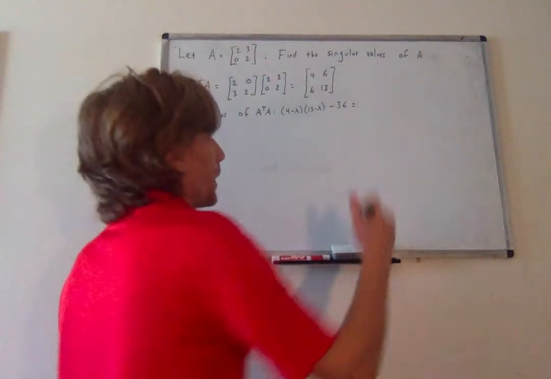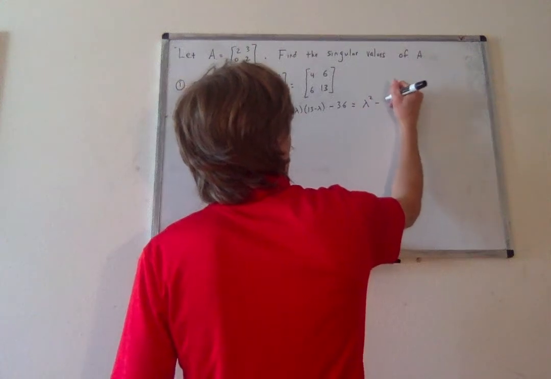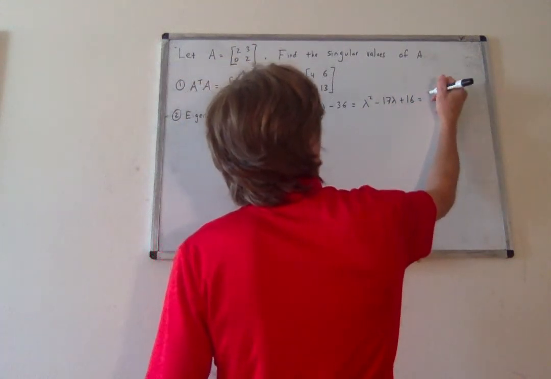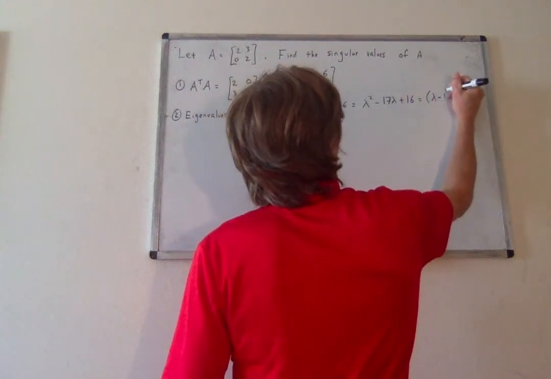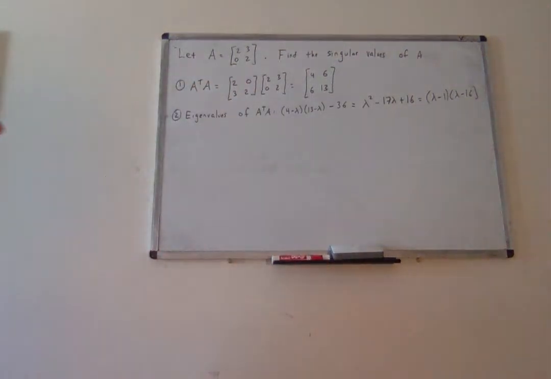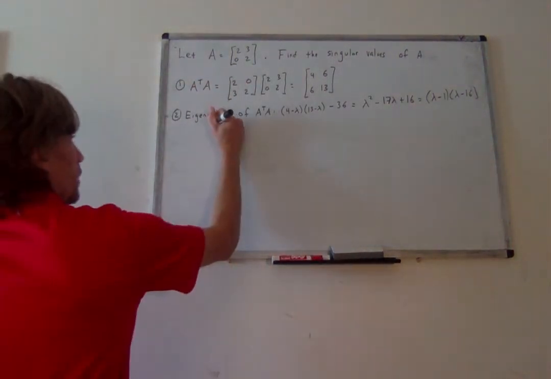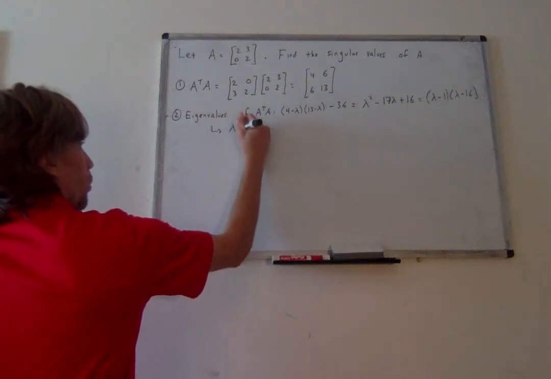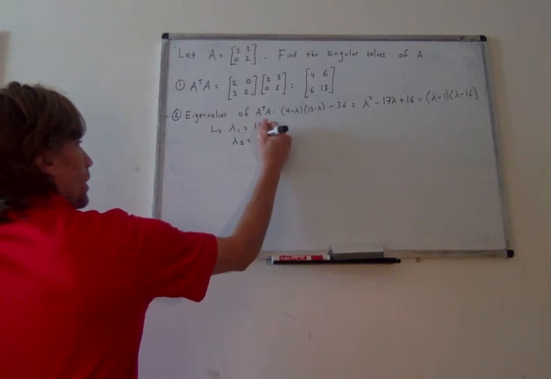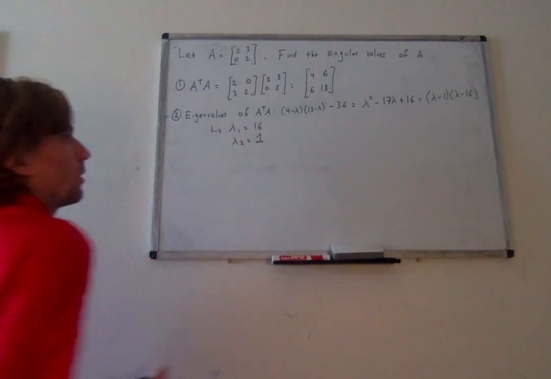And if you expand that out, you should get lambda squared minus 17 lambda plus 16, which, as we will see, conveniently factors to lambda minus 1 times lambda minus 16. And so we'll order these eigenvalues largest to smallest. So the eigenvalues of this matrix are 16 and 1.